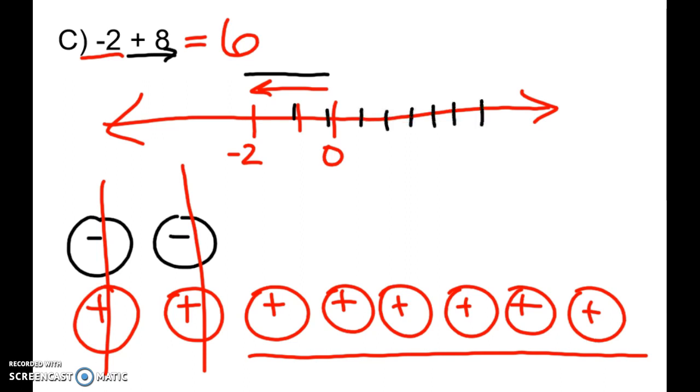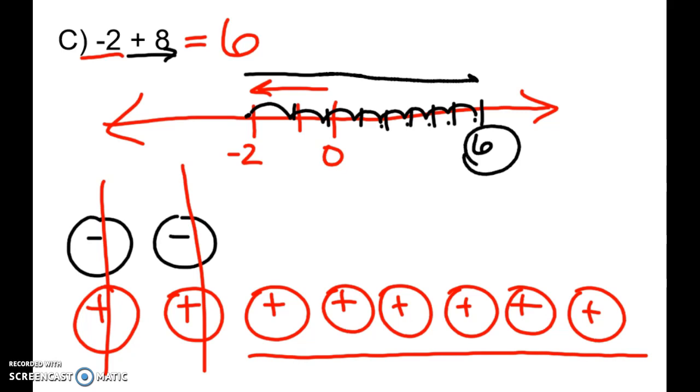This doesn't say go to 8. This says from where you are, so we were at -2, count forward 8. So 1, 2, 3, 4, 5, 6, 7, 8. And if we count 1, 2, 3, 4, 5, 6, we're at 6. Okay? So there are a lot of different ways to do integer problems.